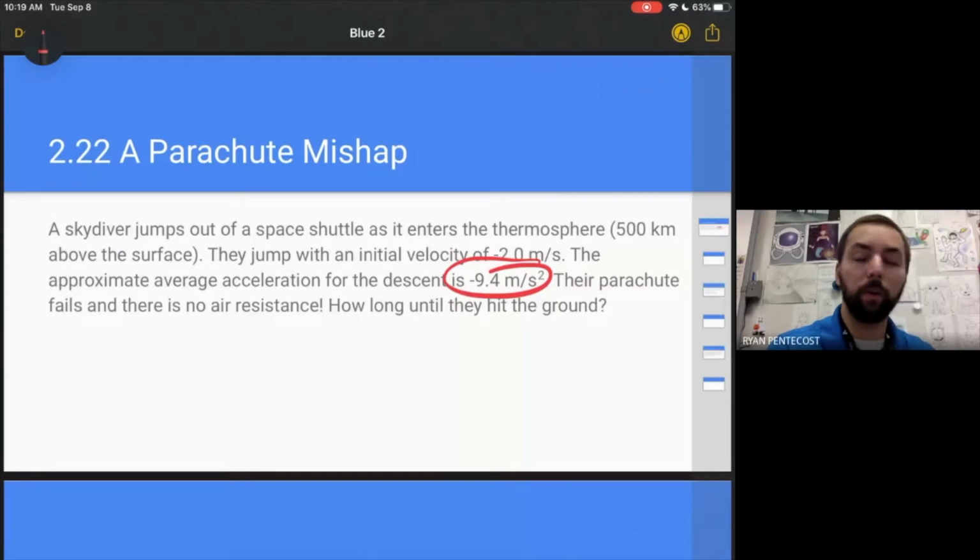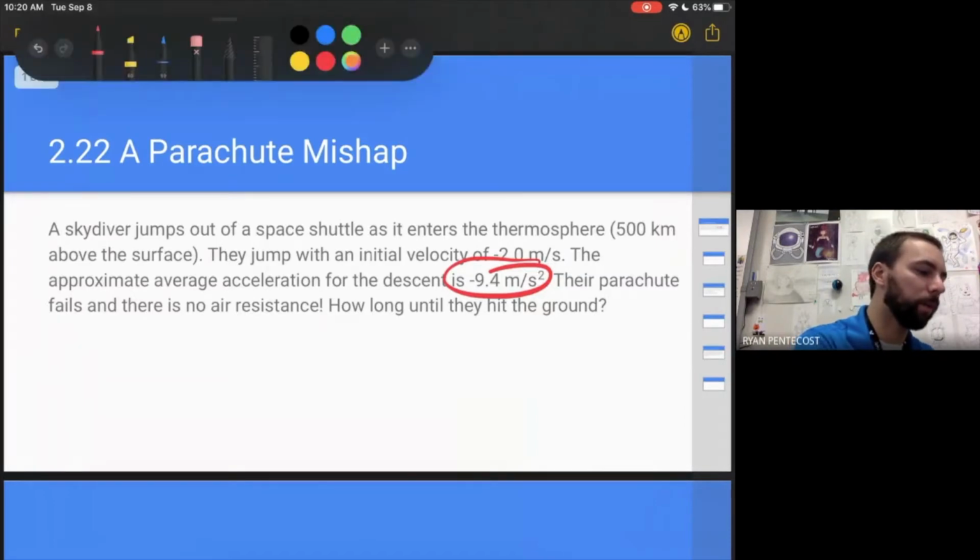But if you're up in the thermosphere, that acceleration due to gravity is going to change drastically. So on average, remember we have to have average acceleration to do these one-dimensional kinematic problems. So the average acceleration from the thermosphere to the ground was -9.4 for this problem. So I wanted to clear that up before we continued.